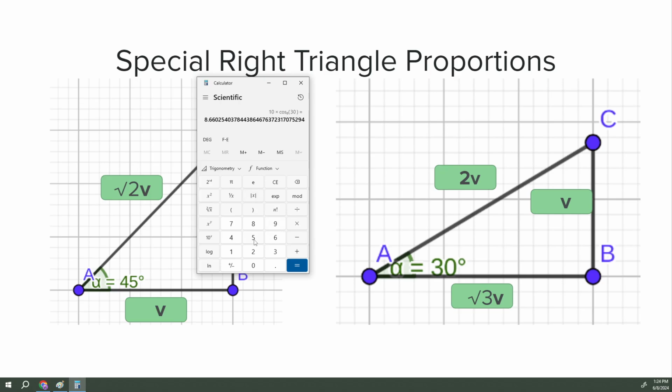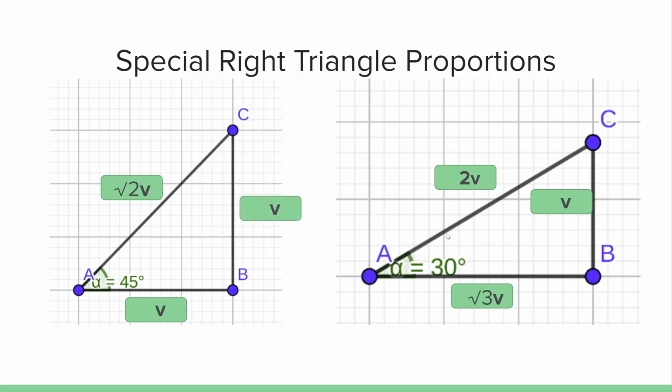So try natin, that is 5 times square root of 3, 8.66. Okay. So these are special types. You don't have to use a calculator para ma-gets nyo na agad. Kapag 30, 60, 90, you know that we have x square root of 3, and then 2x. Same thing with the 45 degree, x square root of 2. Right?